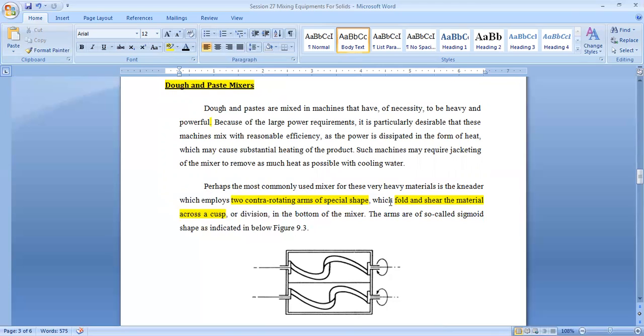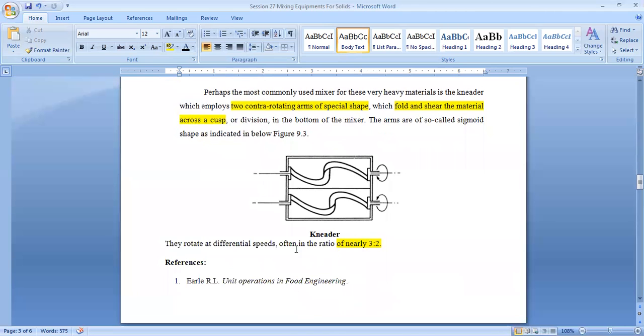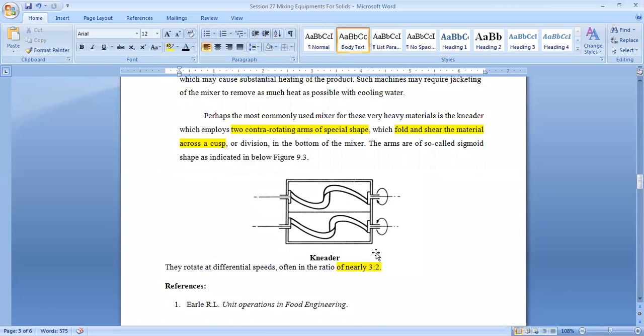So the kneading takes place, which is what the dough needs, and that is happening in this mixer. That type of mixer is known as dough and paste mixer. Both these special arms rotate at differential speeds, at a speed ratio of 3:2. So that's how the kneader works.